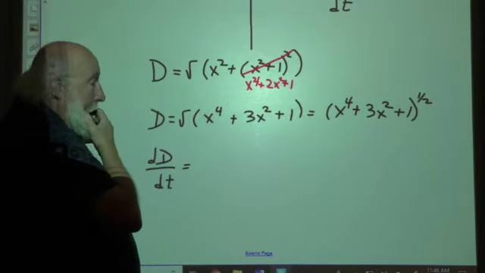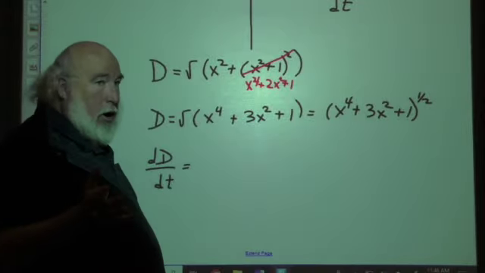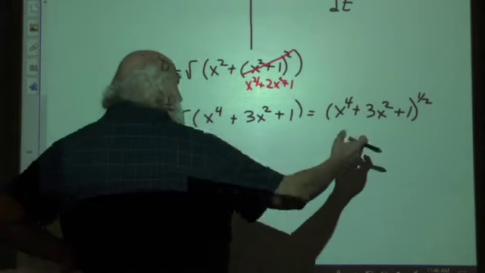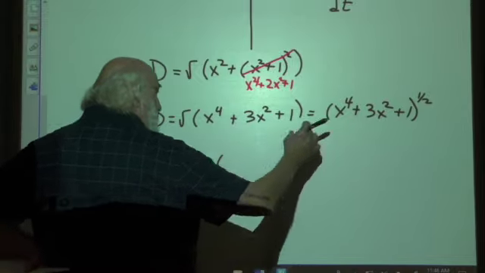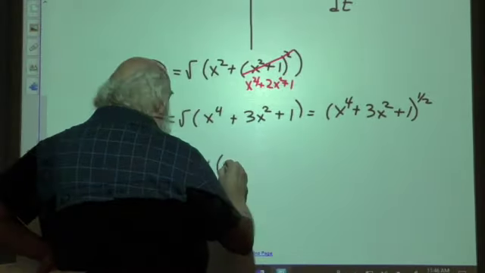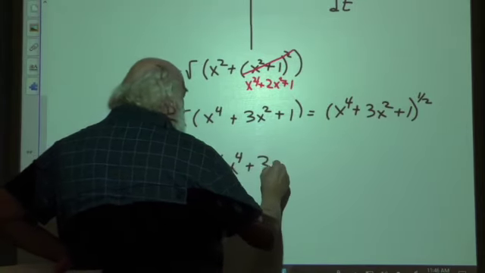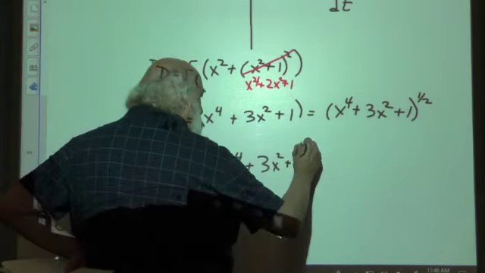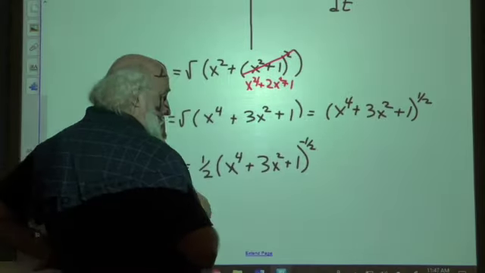Then I can rewrite this as x to the fourth plus 3x squared plus 1, all to the 1/2 power. Okay? Now, using what we know from our calculus toolbox, this 1/2 is going to come down in front. This is going to change to a negative 1/2, so this becomes x to the fourth plus 3x squared plus 1 to the negative 1/2 power times the derivative of this.